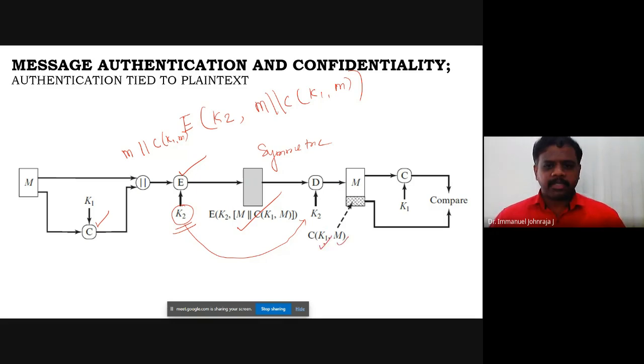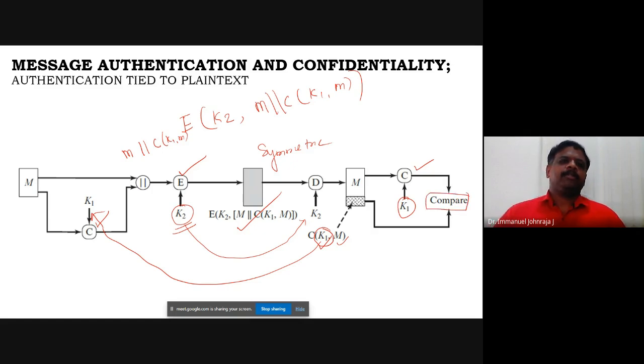It uses the same key K1 used for the calculation of MAC. So this MAC has to be calculated once again using the same key. Then you go for the comparison. Here, the authentication is tied to the plain text.